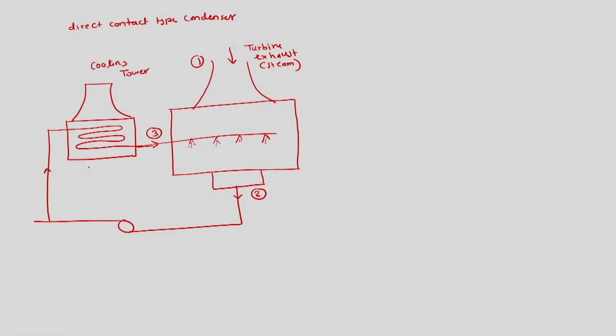So here in the cooling tower, this cooling water will be cooled and then it will be passed into the condenser where it is directly coming in contact with the exhaust steam, and then the rest will go to the plant. So this is state 4.